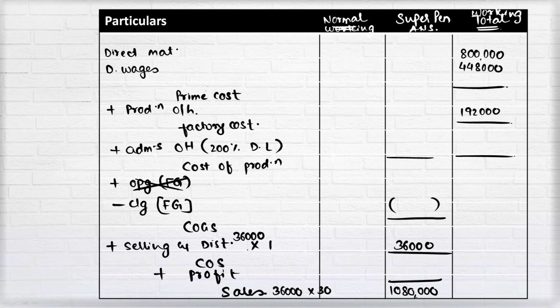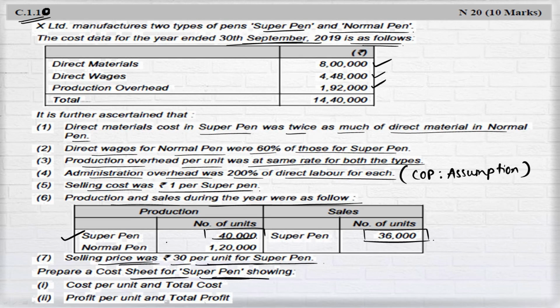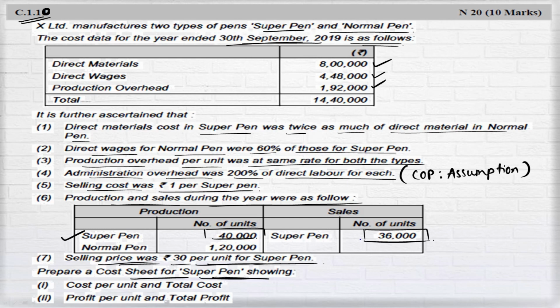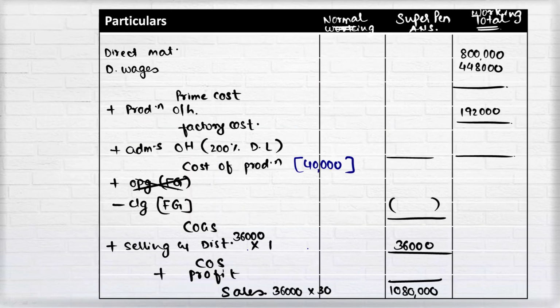Otherwise, everything is simple. Closing stock of finished goods is, you are producing super pen 40,000 units, and you are selling 36,000 units. So closing stock will be 4,000 units.